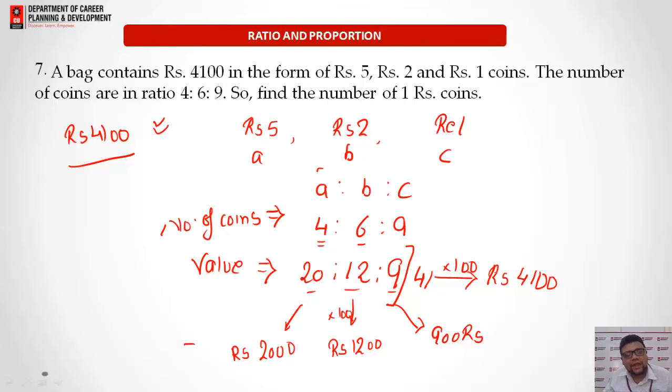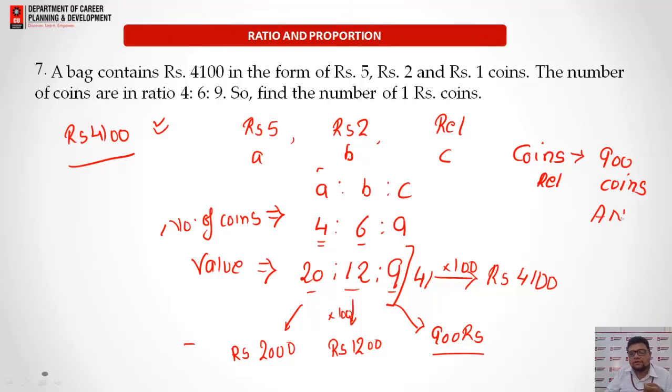So we have to find the number of 1 rupee coins. If there are a total of 900 rupees, then the coins will also be how much? A 1 rupee coin represents the value of 1 only. So the coins of rupee 1 will be 900 coins. So this will be our final answer, that is 900 coins.